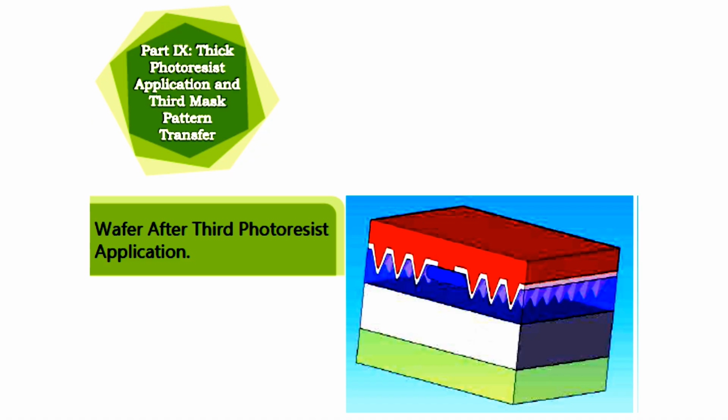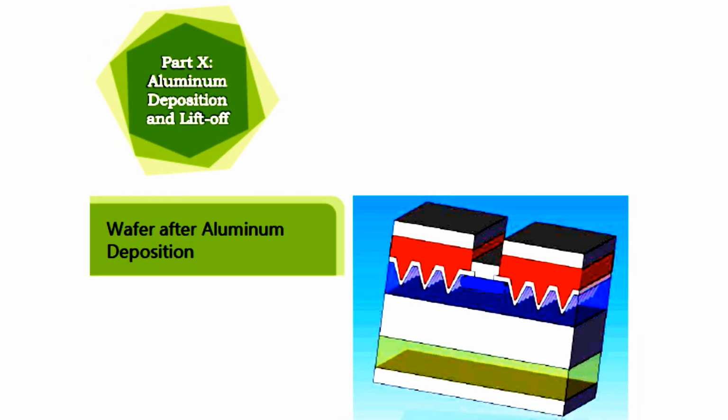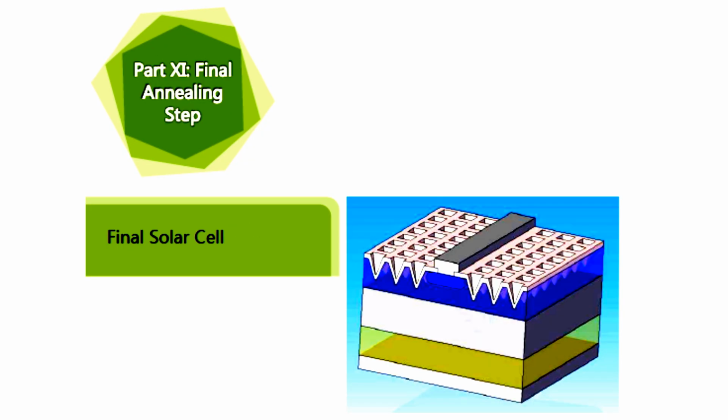Wafer after third photoresist application. Aluminum deposition and lift off. Wafer after aluminum deposition. Final annealing step. So after annealing, we have the final solar cell.